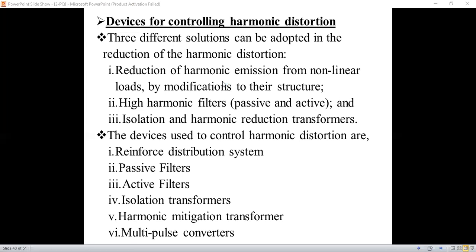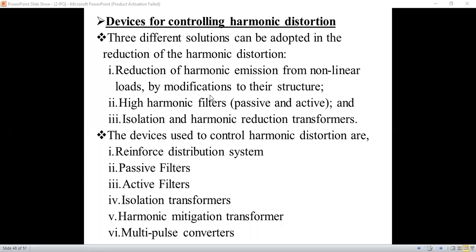These transformers are available in the market, both isolation transformers and harmonic reduction transformers. So we can reduce or control the harmonic distortions by using these three methods.